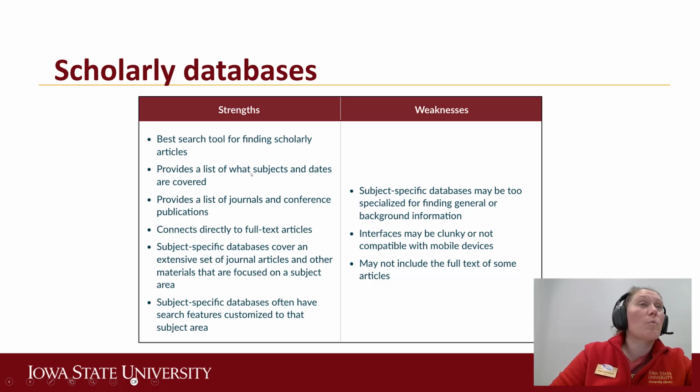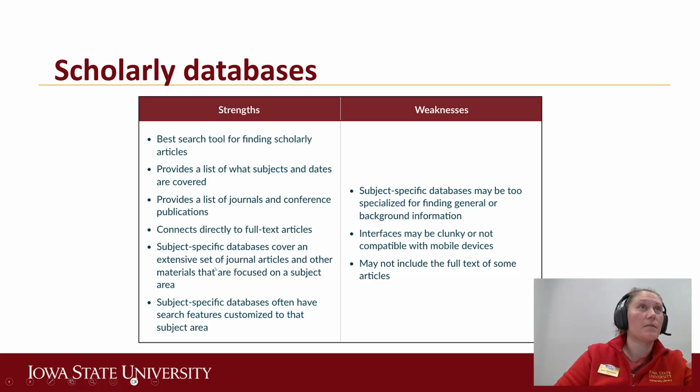They tell you what's in their database. Google doesn't necessarily say, hey, here's all the websites we've indexed. But a database will say, hey, here's all the journals that we have, or here's all the things that we do have information for. It often links to full text articles, and it can cover lots and lots of subjects, both general and focused.